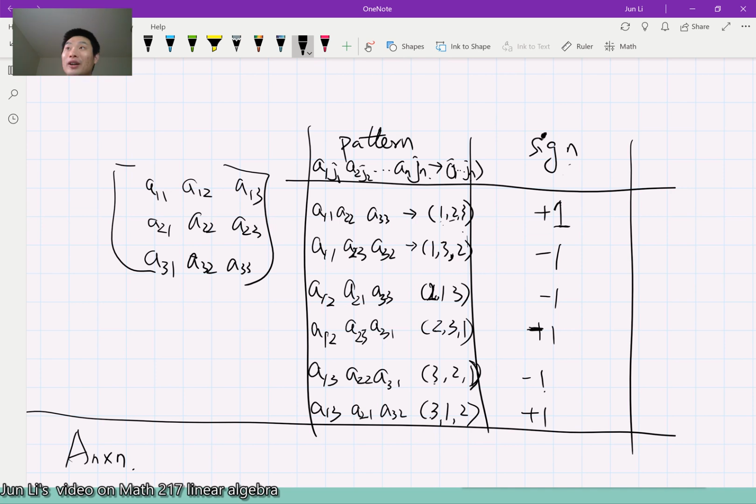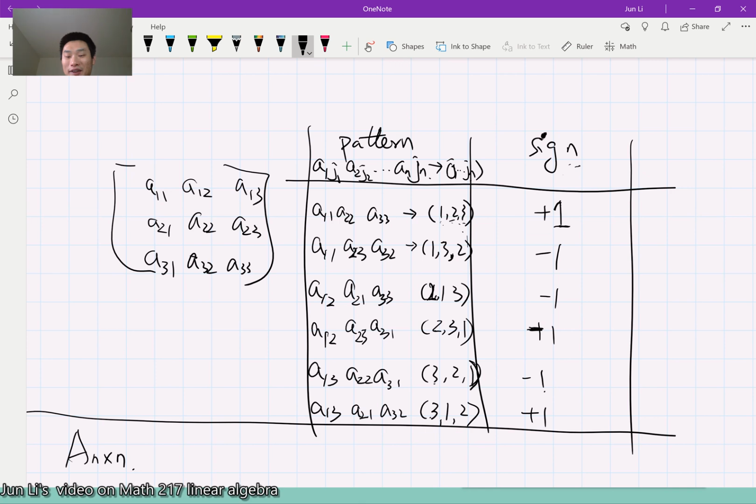Basically, the rule is -1 to the power of the number of inversions. For the next one, 1, 3, 2, you look at 1, 3, no inversion. If you look at 3, 2, that's an inversion. So there is 1 inversion, which means the sign is -1 to the 1, which is -1. I'll let you do the following computations.